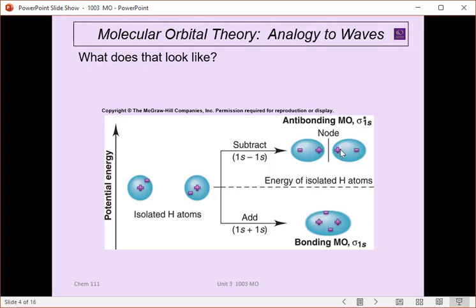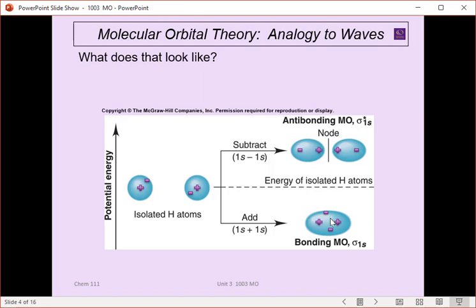Okay, so with this model in mind, anytime I have two atoms, basically two electrons coming together, I'm going to have an anti-bonding molecular orbital, and that's the one up high, and a bonding molecular orbital. That's the one that's low energy and favorable.